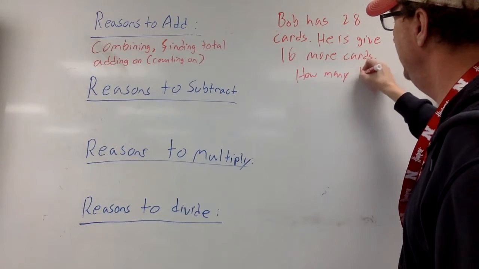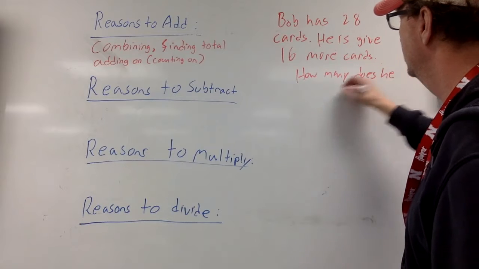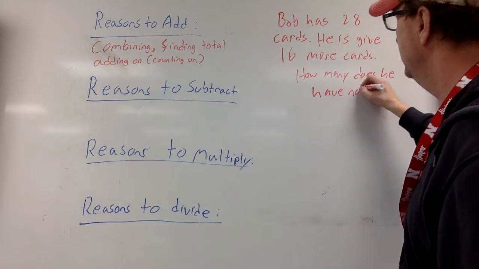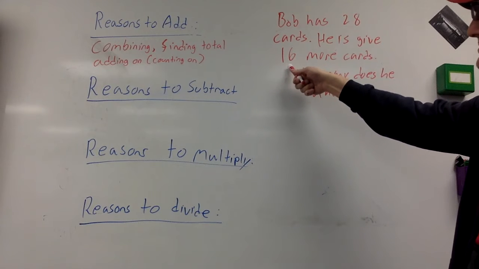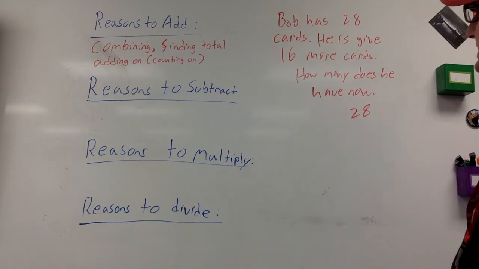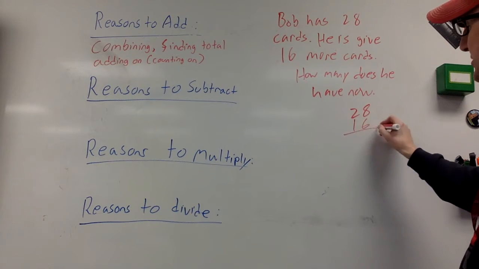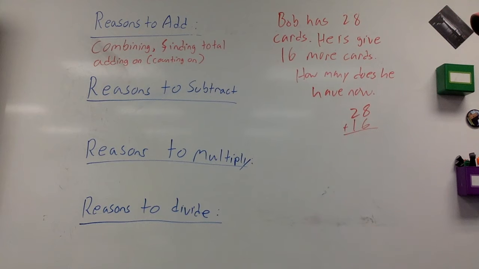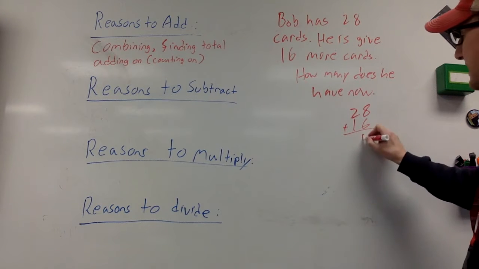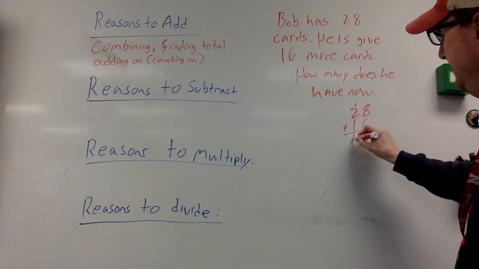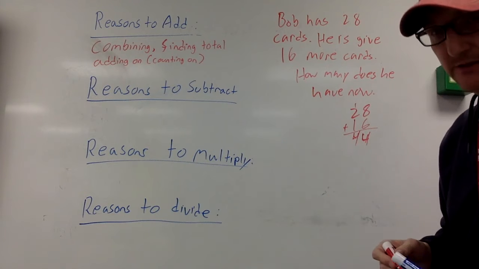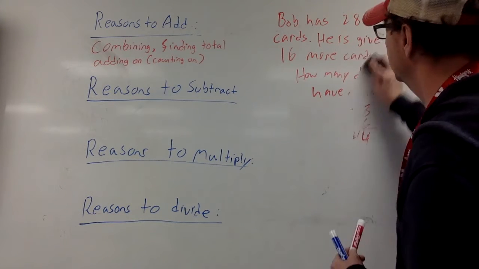How many does he have now? So you had an amount that you started with, and then you added on an amount, all right? So you had 28 to start with, and then you take an amount that you have counted on from there, added on to that, all right? So that's another reason to add, just adding on something, all right? So those are reasons to add.